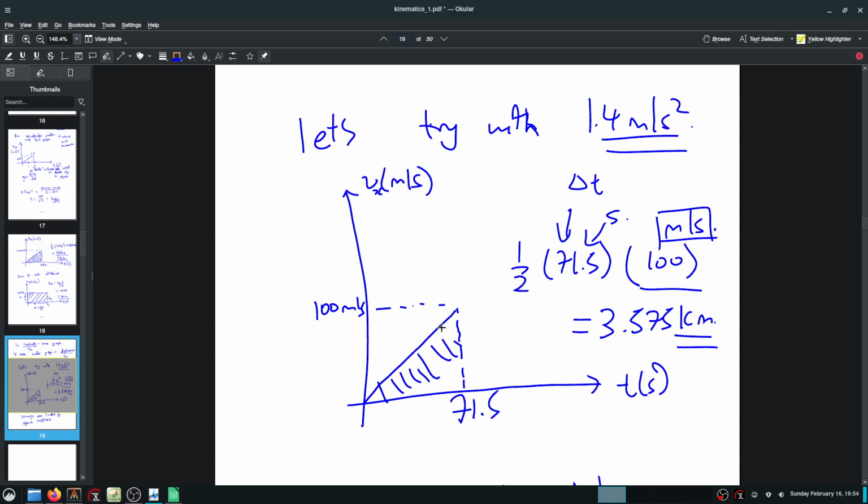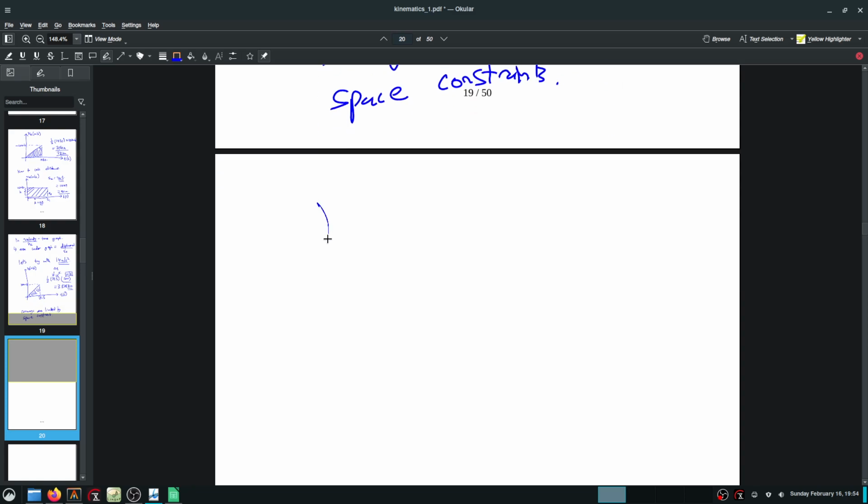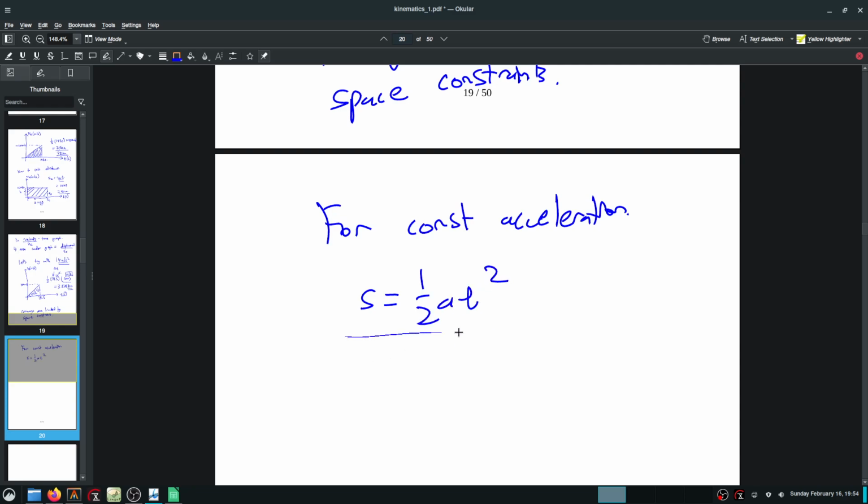Now, for constant acceleration, there is a formula. Okay, you might see this somewhere: S equals half AT squared. How did you actually get this?